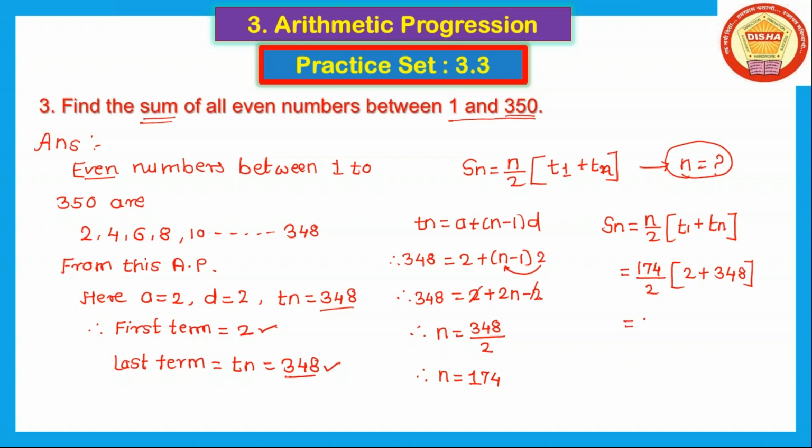Then we solve the first bracket: 174 into the addition is 350 upon 2. Then we divide 350 by 2, which is equal to 175. Then we multiply 174 into 175, which is equal to 30,450.